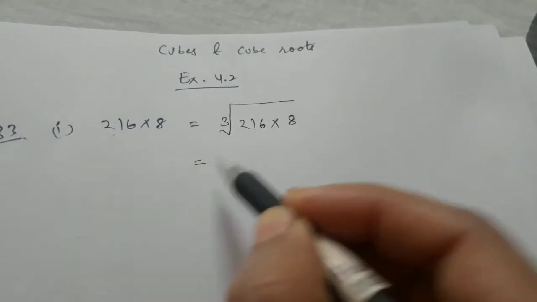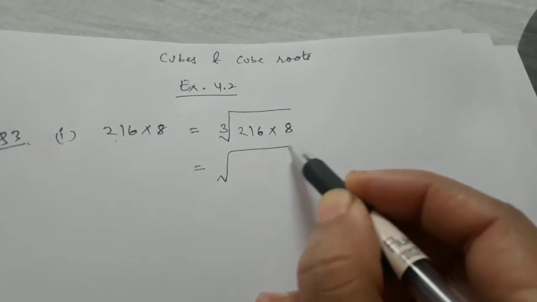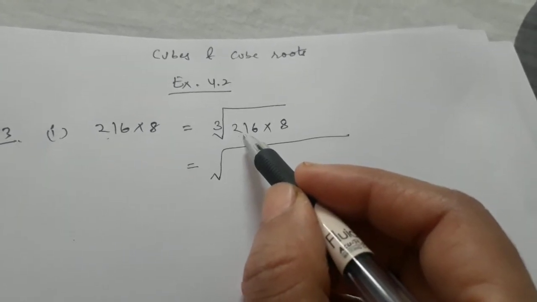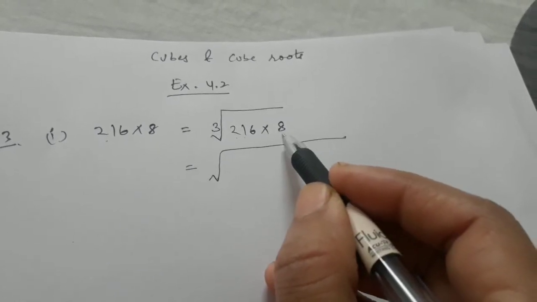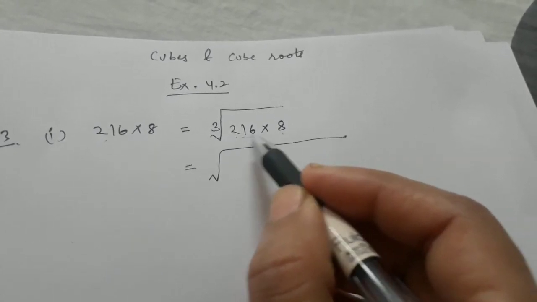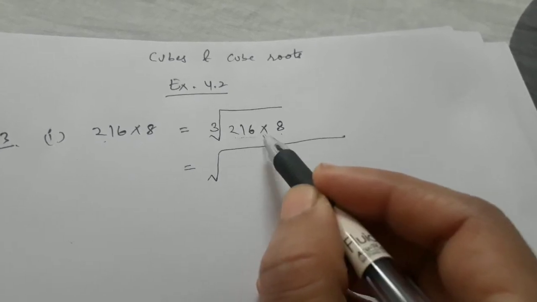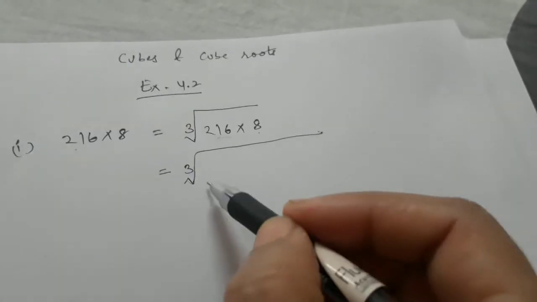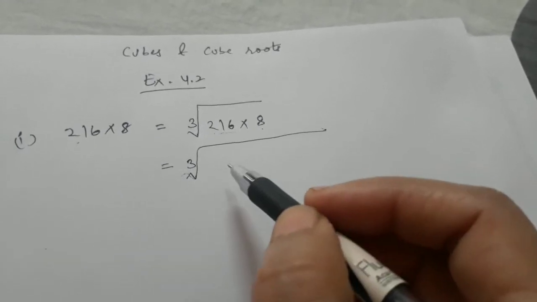Now, we know that both numbers have prime factors. So, bring out the prime factors of both the numbers in this cube root sign, or you can say in this radical sign.